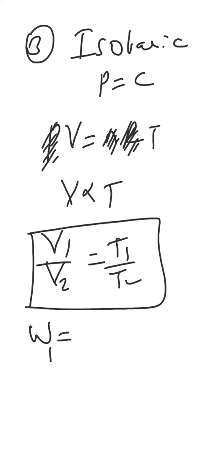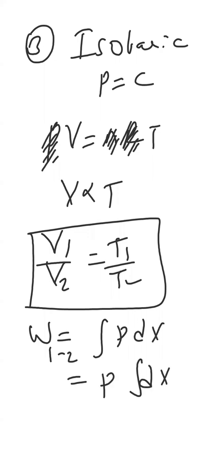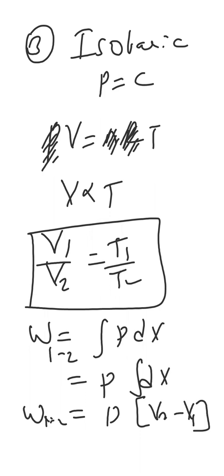Work done formula: integral P dV. Pressure is constant, so P will come out. Integral dV means V. So the answer will be P into (V2 minus V1). This is the work done formula for the isobaric process. All these things are very important.